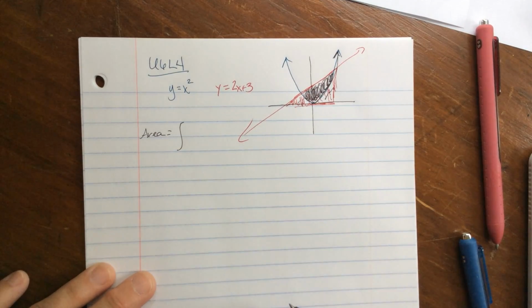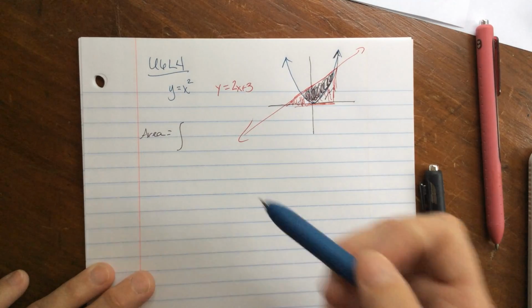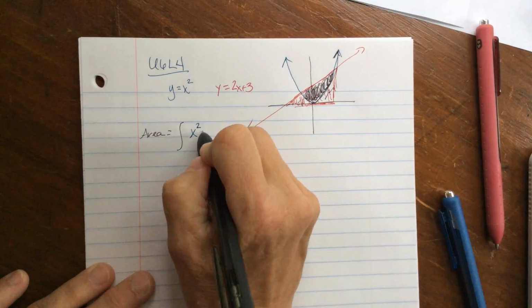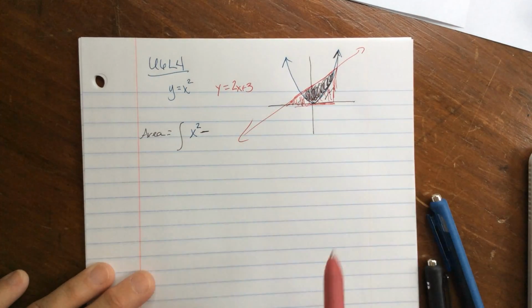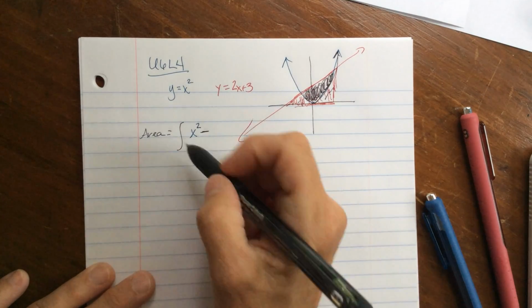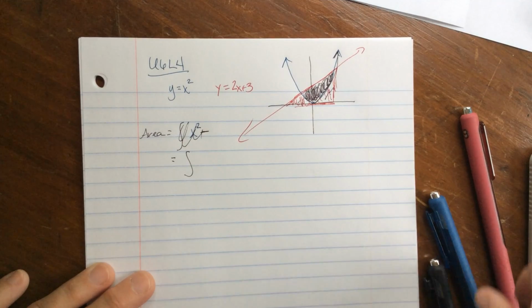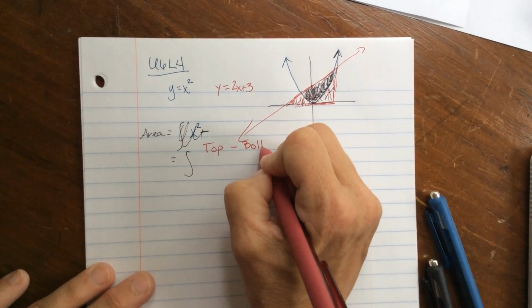So what does that look like? I need to subtract. I've written this backwards: the area will be the top function minus the bottom function.